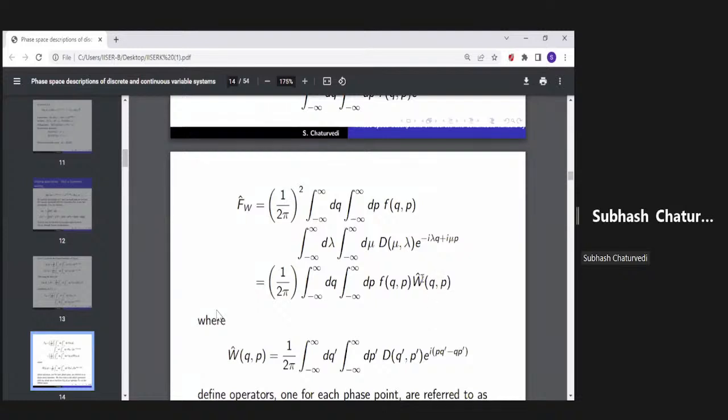So this is an operator associated with each phase point. Now you can appreciate that the crux of this entire construction is in this phase point operator, which can then be used to convert any phase space function into an operator in this Hilbert space.